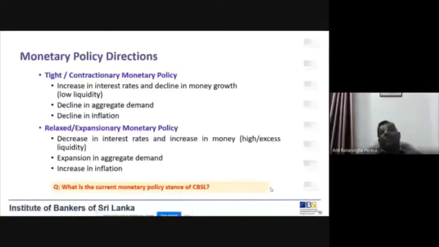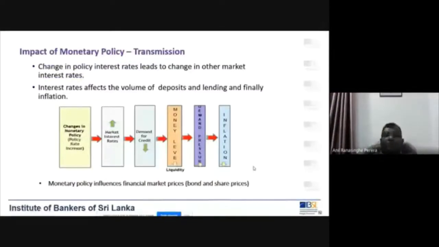Impact of monetary policy. Now, when we take a monetary policy action, that impact is basically felt by the economy. It's moving to the economy. Let's say you change interest rates today, and in the economy also that impact should be reflected. So that process you call the transmission process.